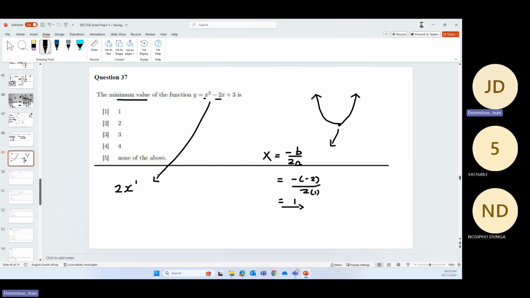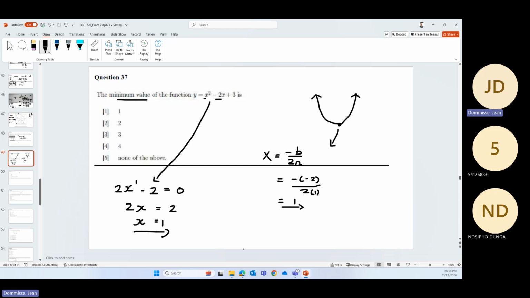The minus 2x becomes minus 2, and then the minimum value will be equal to 0. So 2x is then equal to 2, and then x is equal to 1. Okay, so both of them you can get it.